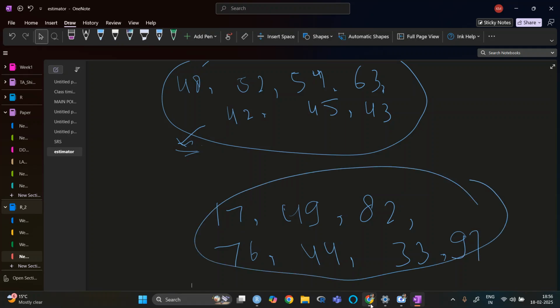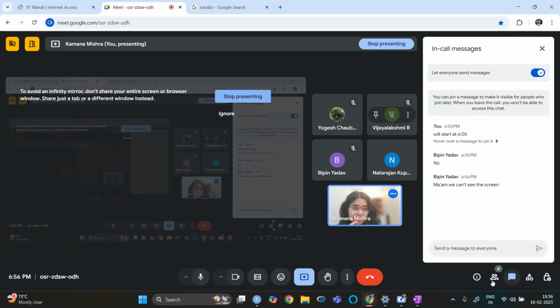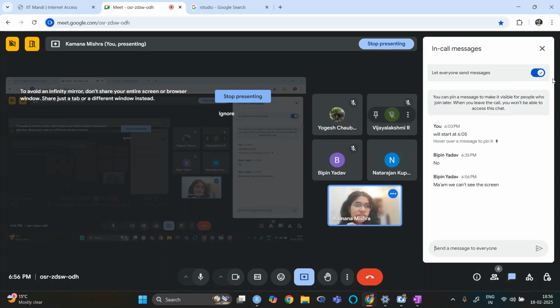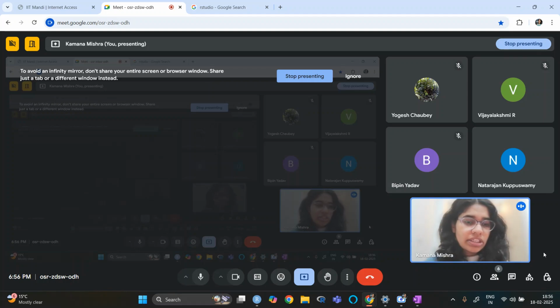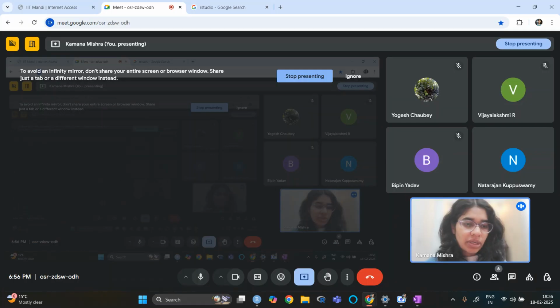So, you can't see the screen. Is it a problem for everyone else also? Is it a problem for everyone that they cannot see my screen? Then I will rejoin. Or if it is a problem for only one user, then you need to join again. Can anyone else reply?